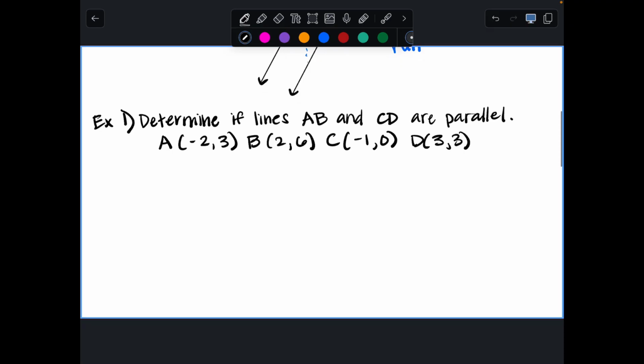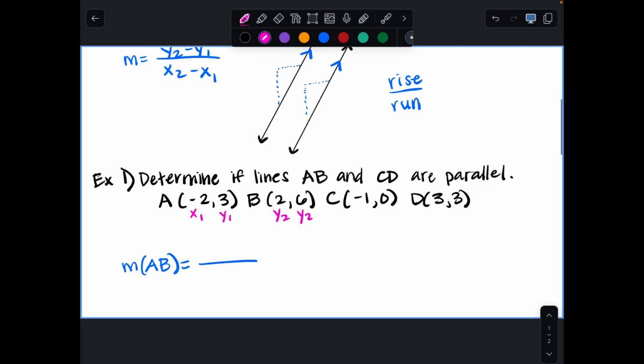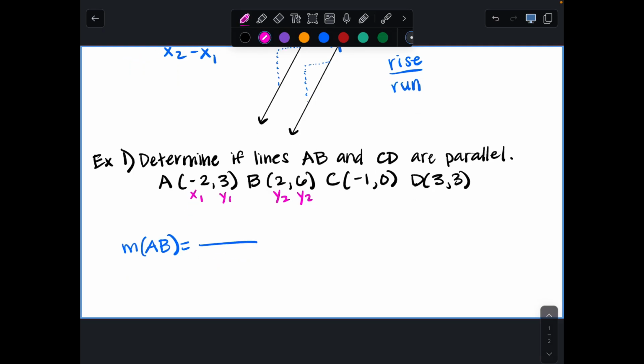So here's our formula. We're going to do this for line AB first. And let's label this x1, y1, x2, y2. So if you look up here, we need to do y2 minus y1 over x2 minus x1. So this is going to be, oops, this should be an x, sorry.